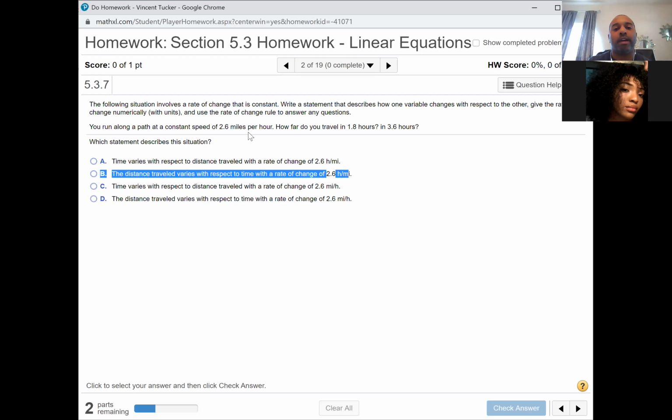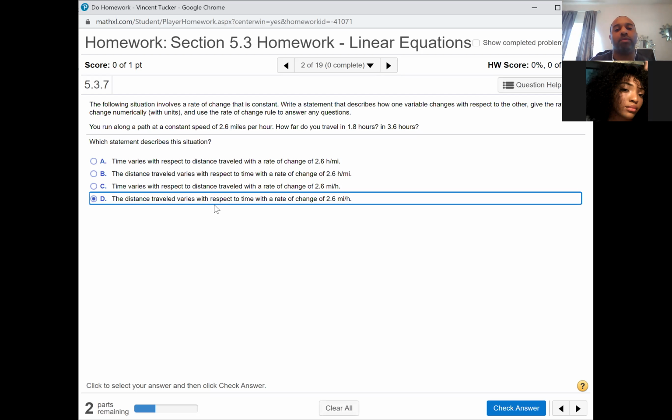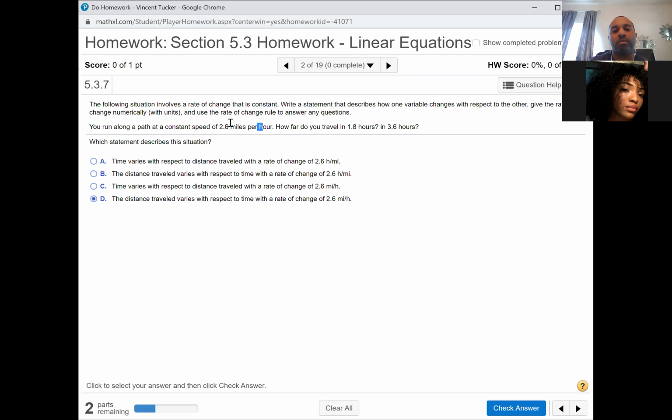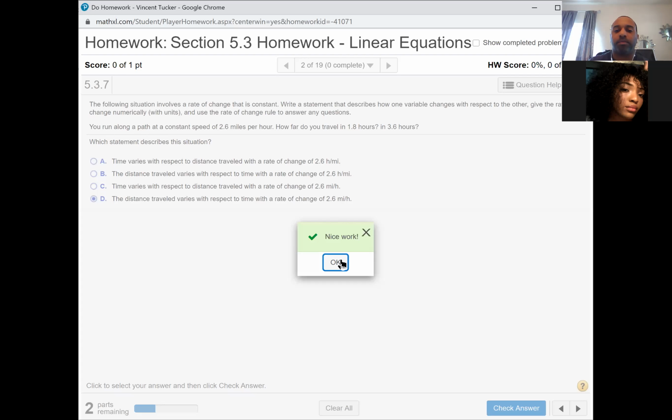But remember, we have miles per hour. So make sure you pay attention to the words and your units. So it should be D, distance traveled varies with respect to time with a rate of 2.6, once again, miles per hour. And that should be that one.